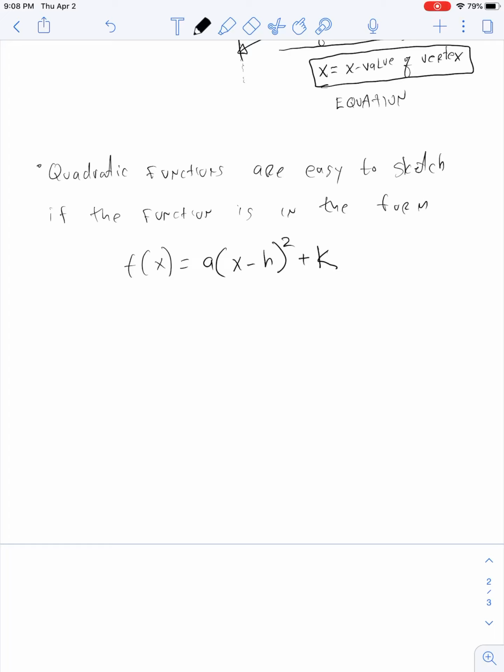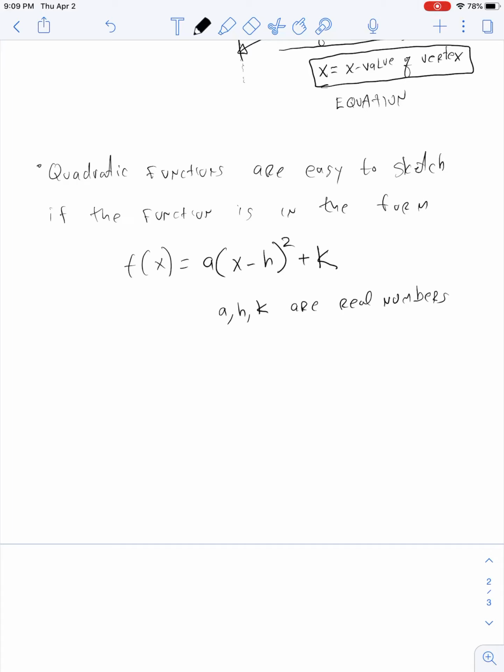So if a quadratic function is in this form, it's very easy to sketch. Also, before we talk about that, I want to note that a, h, and k are just numbers.